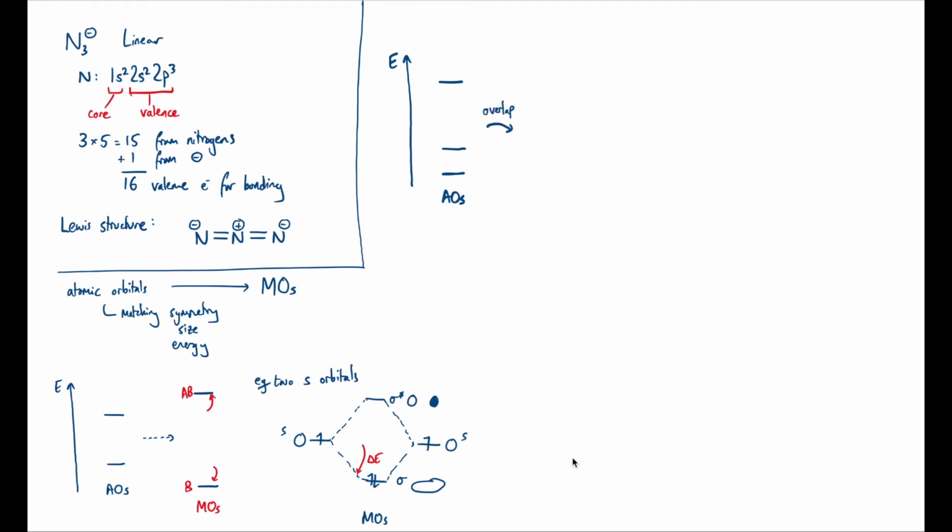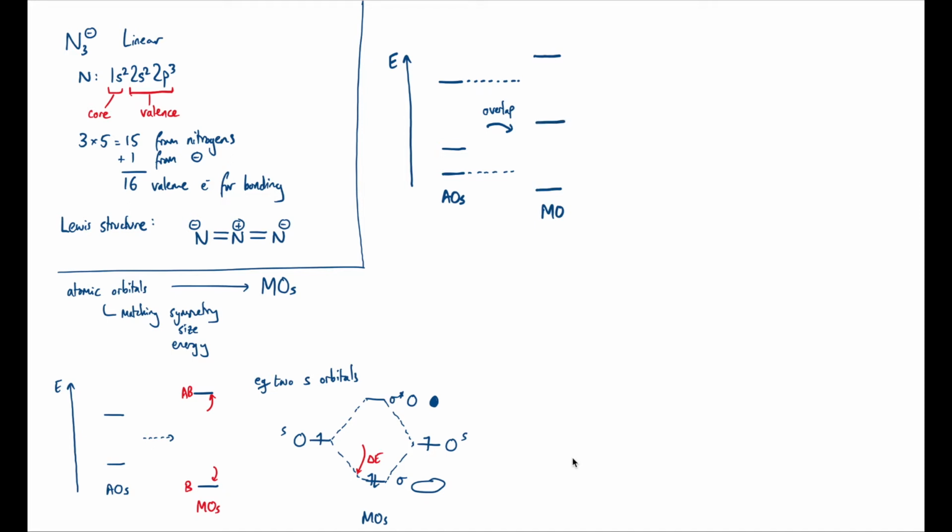to form molecular orbitals, would be that we would get an antibonding orbital that's higher in energy than any of our previous ones. We would get a molecular orbital that's also lower in energy than the lowest of our original atomic orbitals, and we get a final molecular orbital that's somewhere in the middle.